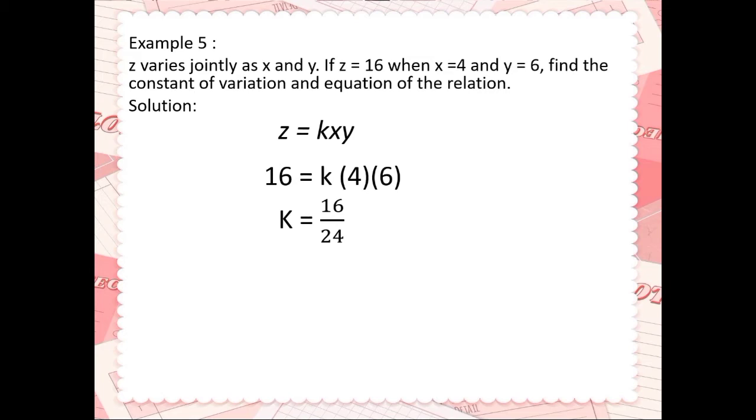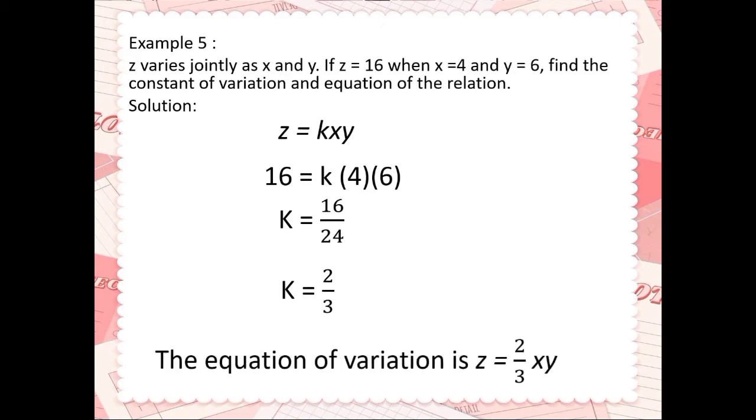Then divide both sides by 24 so that we have 16 over 24. k is equal to 2 over 3, which is the simplest form or the lowest term of 16 over 24. So the equation of variation is Z is equal to 2 over 3 XY.